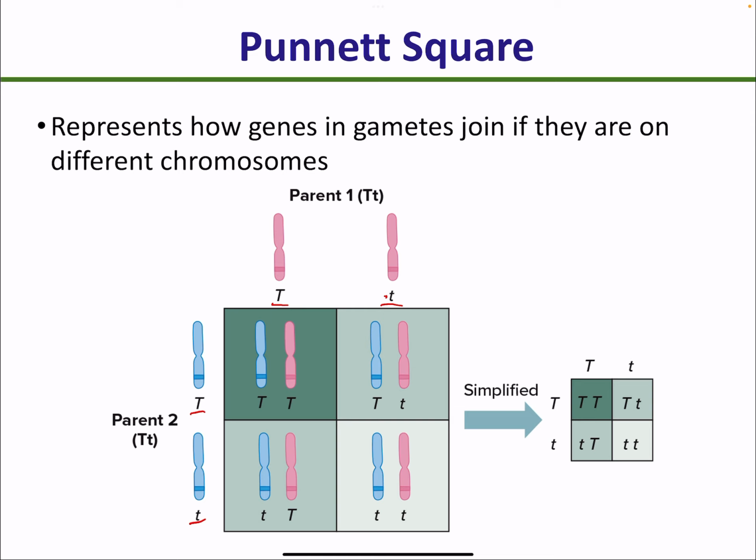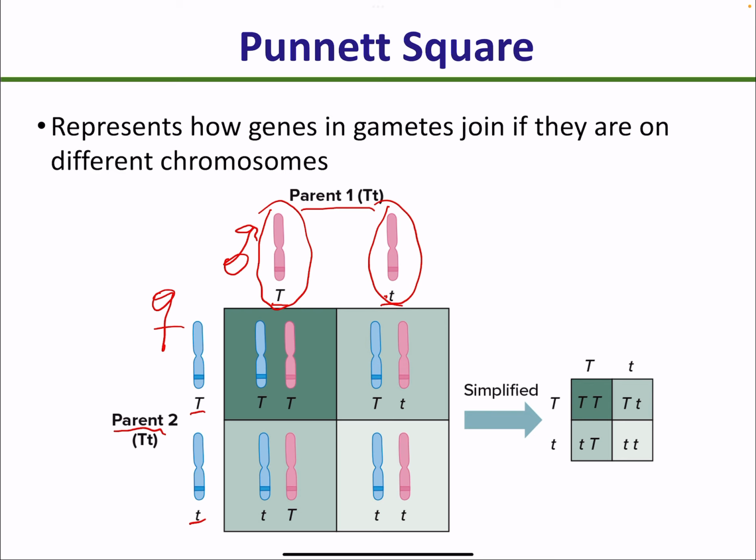Now, because these parents are heterozygous, they are going to have 2 possibilities for gametes: one gamete that carries capital T, another gamete that carries lowercase t. And what is happening with parent 1 is also happening with parent 2. Now, say this is a sperm cell, and this is an egg cell here.